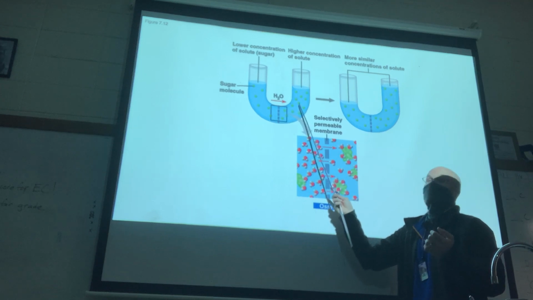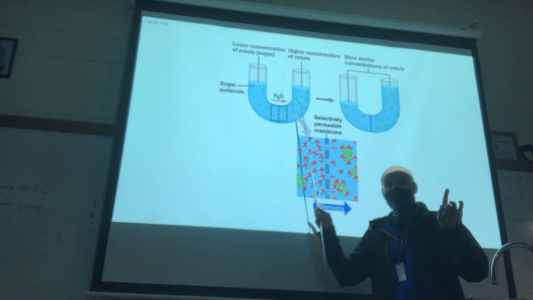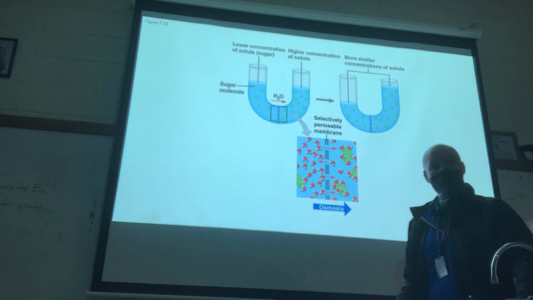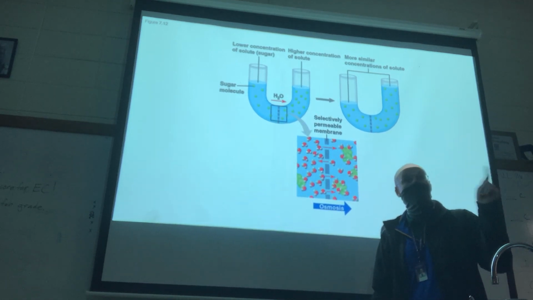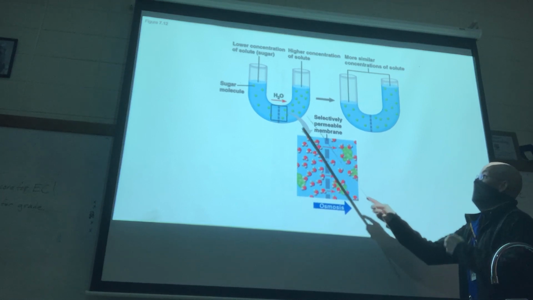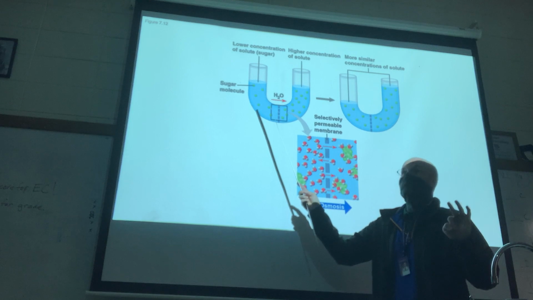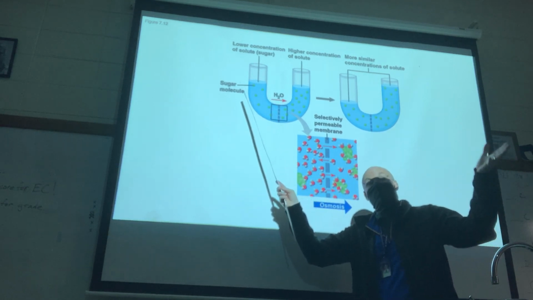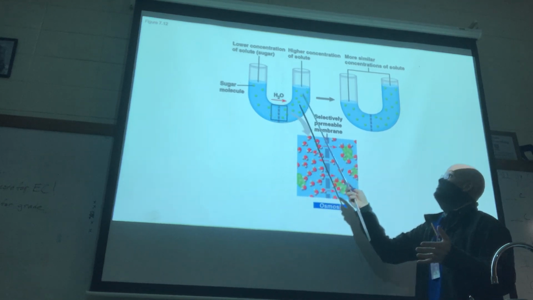So there's a higher concentration in this region. But the solute particles can't cross this membrane. So the only thing we're focused on in an experimental setup like this is where's the water going? And in this case, you are going to see water move from where the concentration of water is higher to where it's lower.